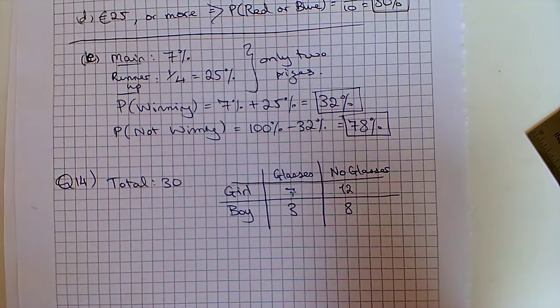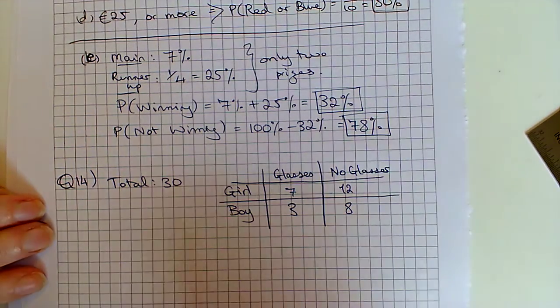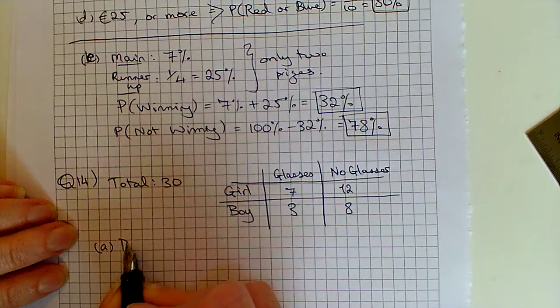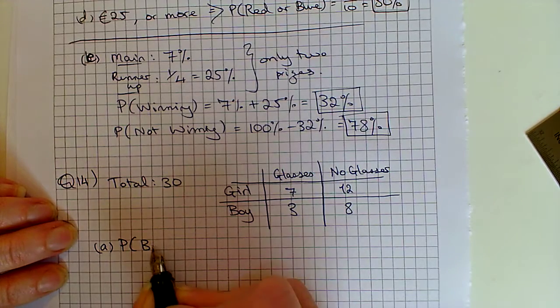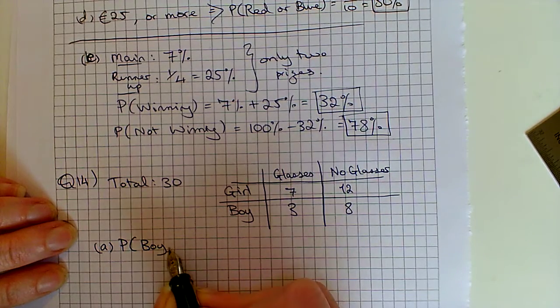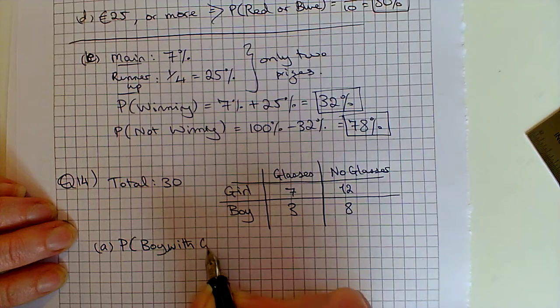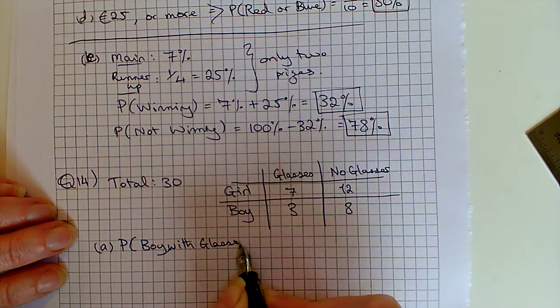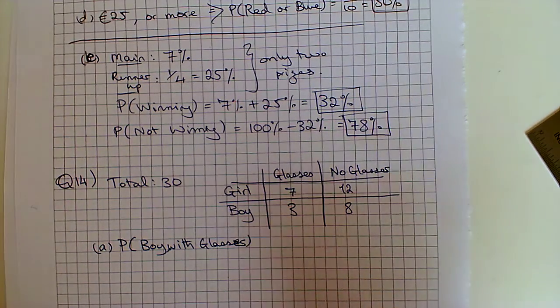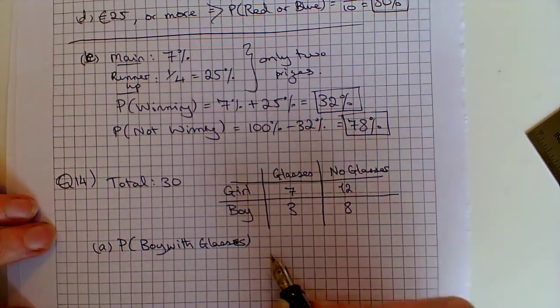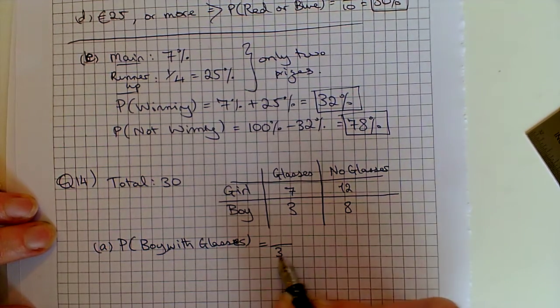Then, the follow-up questions. We need to be really careful with these. A student is picked at random from the class. Find the probability, and we have to write it as a fraction, that this person will be a boy who wears glasses. So a boy with glasses. Now my probabilities when I'm talking about the whole class are going to be out of 30.